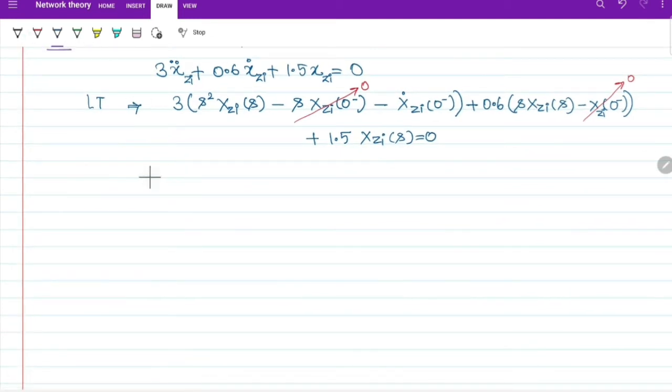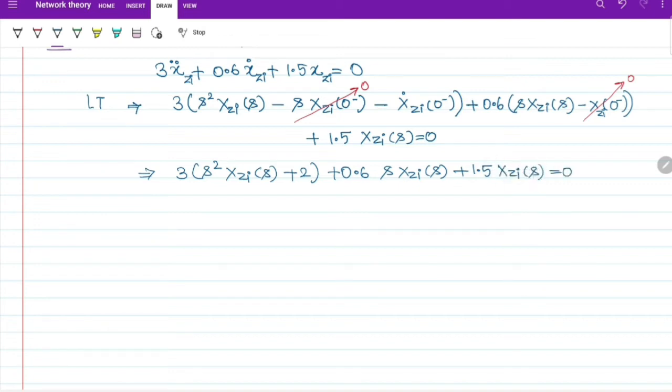We will get 3s² X_zi(s) + 6 + 0.6s X_zi(s) + 1.5 X_zi(s) = 0.